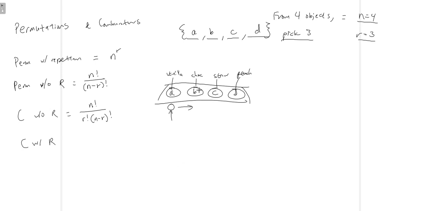So what we'll realize is the only way we can get one combination with repetition is through one specific sequence. Let me name these VCSP.